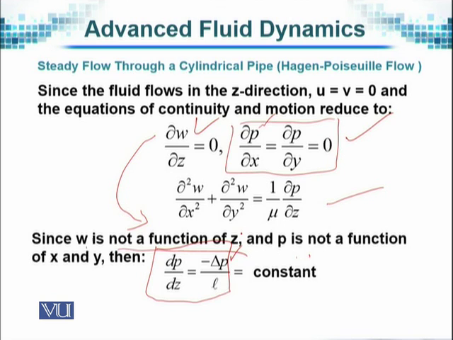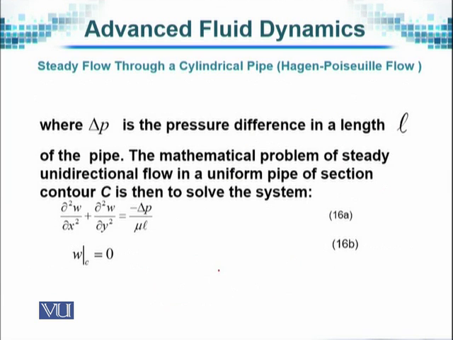So let that pressure difference be given by delta P. So delta P is reflecting the pressure difference that occurs in the pipe that we are considering. And let that be constant. It's divided by a certain length L. L is a length of the pipe, so just a constant, and it does not affect the variables.